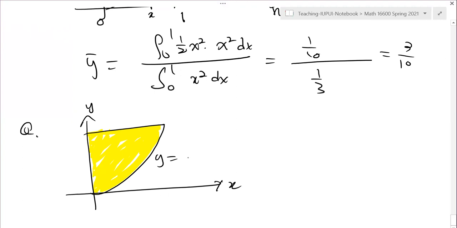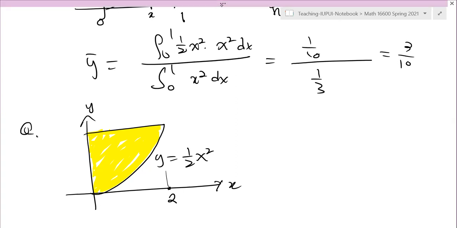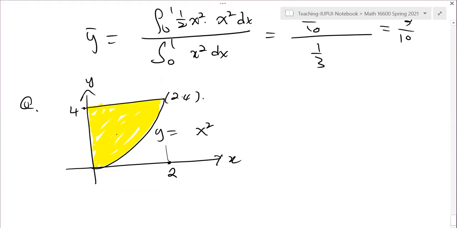Maybe I just change it to 1/2 x squared. But the interval right now is from 0 to 2, and here's a 4, yeah, 2 and 4. Okay, so find the center of this mass.